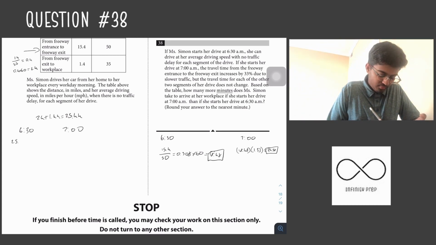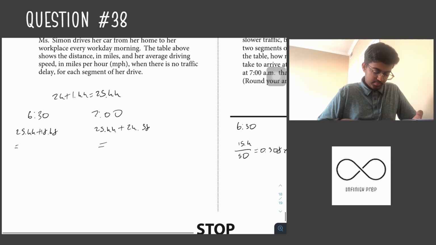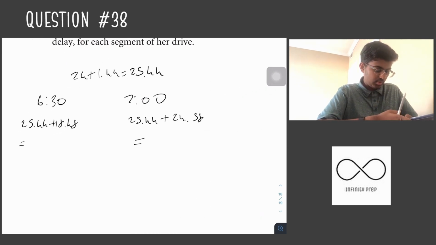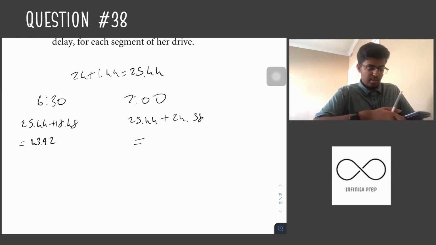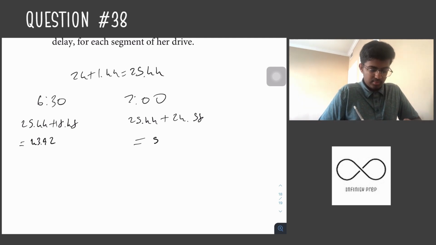So 25.44 plus 18.48 and 25.44 plus 24.58. 25.44 plus 18.48 is equal to 43.92, and 25.44 plus 24.58 is equal to 50.02.